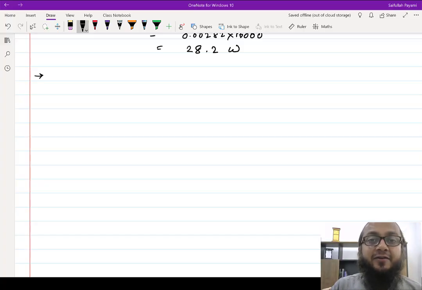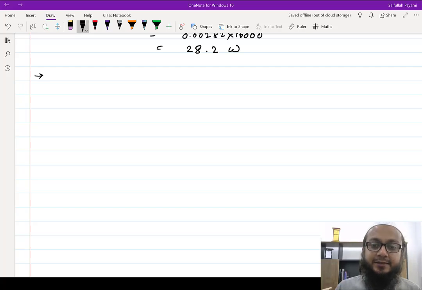Why do we need this kind of conversion from old base to new base? This is the case when different machines whose parameters are given in per unit have different ratings. That's why we need to convert to a common per unit system. The parameters should be in a common per unit system; keep that in mind. That's the important thing.